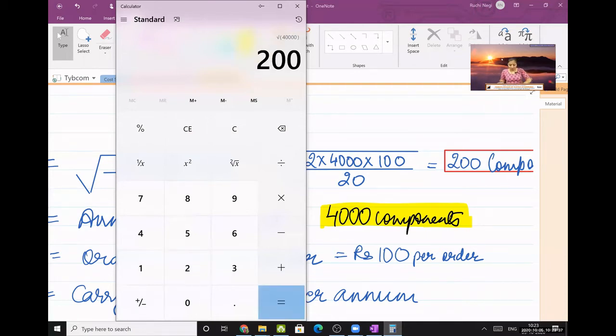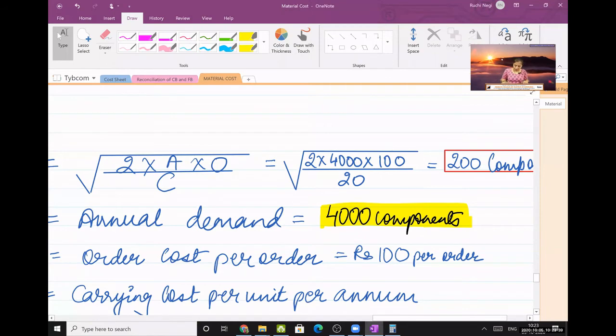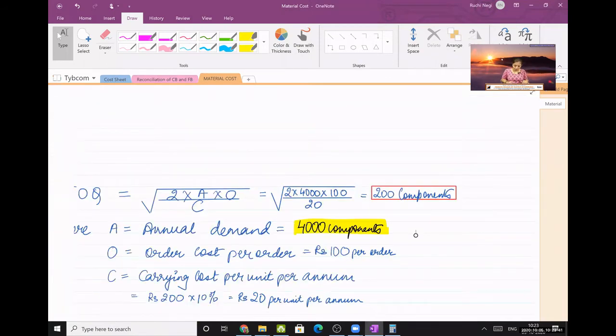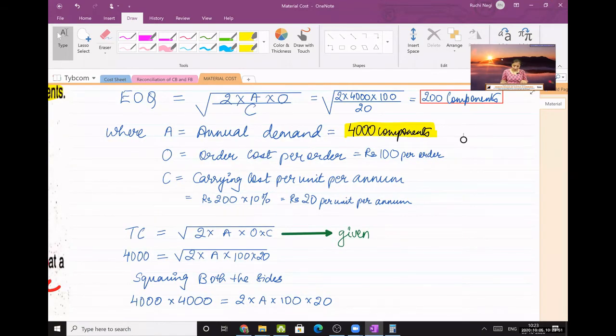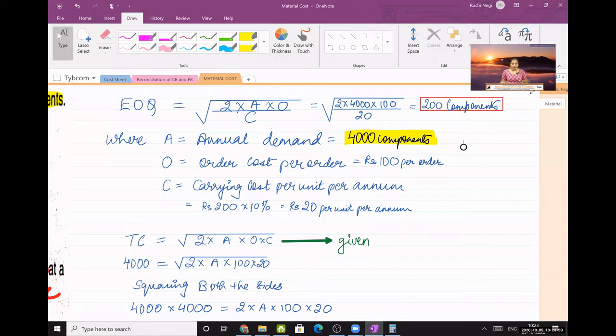So my answer is 200 components. So my EOQ is how much? 200. Till EOQ, is it clear to everyone? Is it clear how to calculate EOQ in this question?